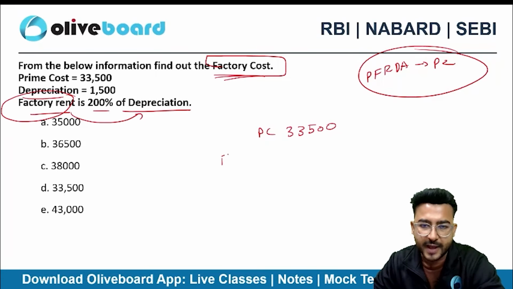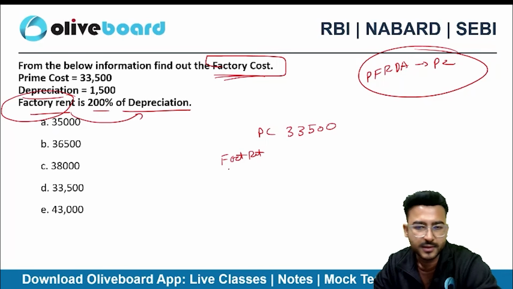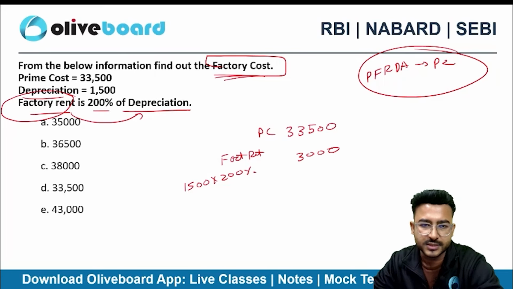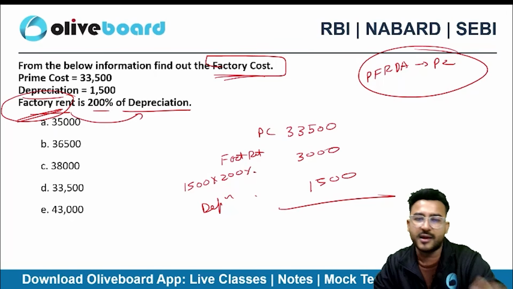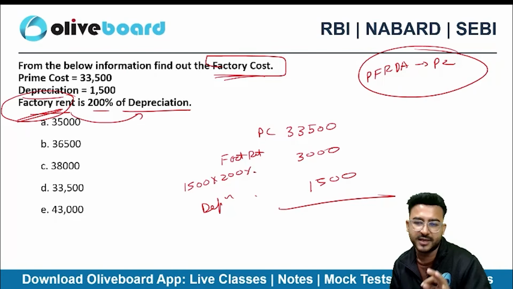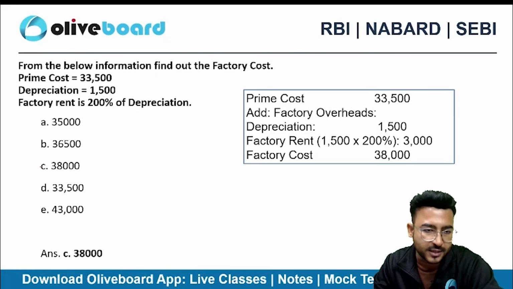Factory rent is definitely a part of my production overheads or factory overheads or works overheads. 200% of depreciation, so 200% of 1,500 is 3,000, and depreciation also I'll be adding in this question. Why? Because they have related factory rent to depreciation. That means there are high chances that this machinery must be in my factory building itself, used in the process of production, right? So here 38,000 will be the correct choice.